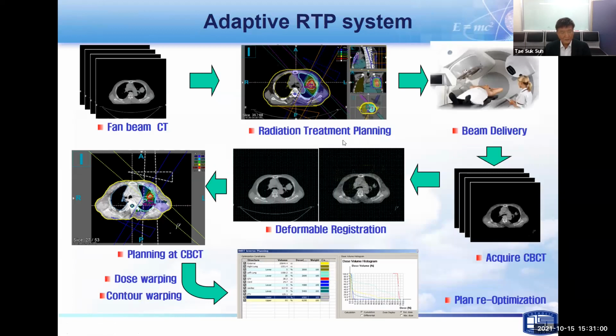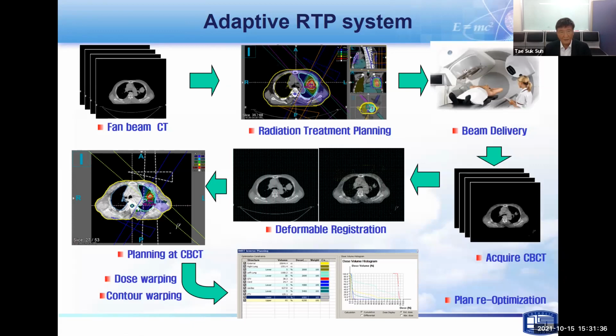Okay, this shows the whole procedure of adaptive radiation therapy based on IGRT. Actually, 4D planning is very complicated and difficult to apply to the patients. 4D planning is required, especially for IGRT planning to evaluate the moving target.